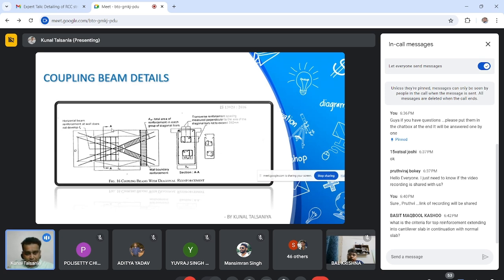So this diagonal steel has to be provided. Why? To avoid cracks here, due to large shear deformation. Tremendous force will be there in this beam, tremendous axial force will be there in this beam. So you have to provide diagonal steel to take care of that additional requirement.